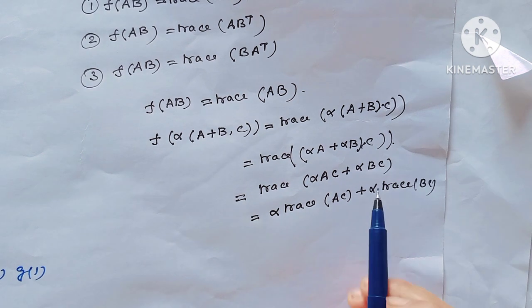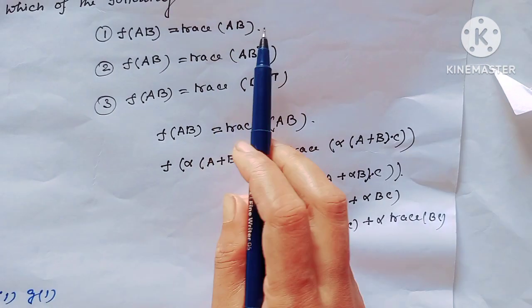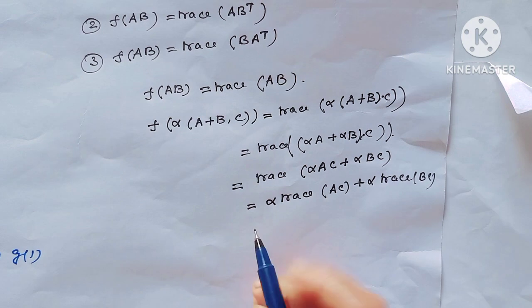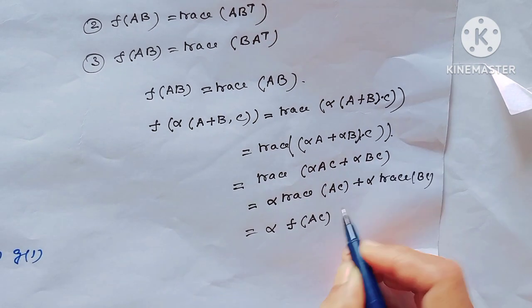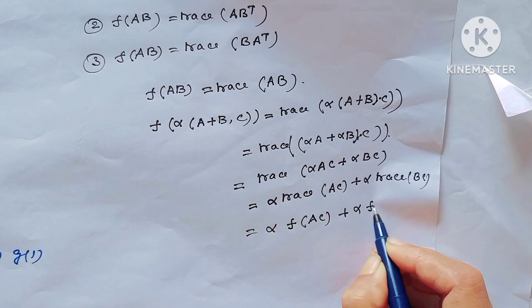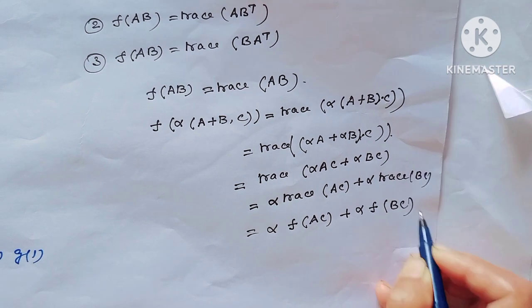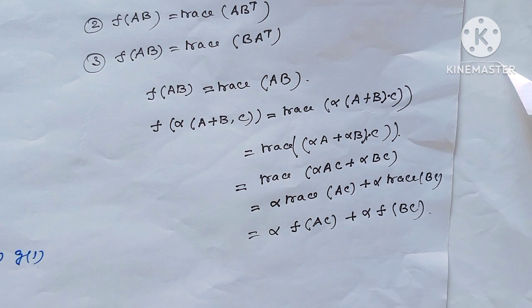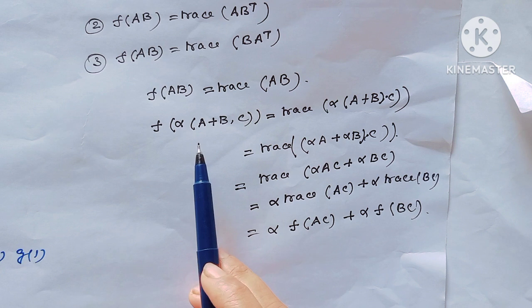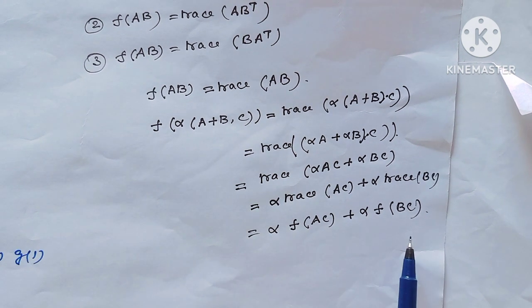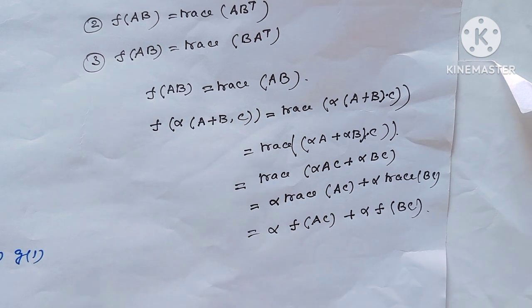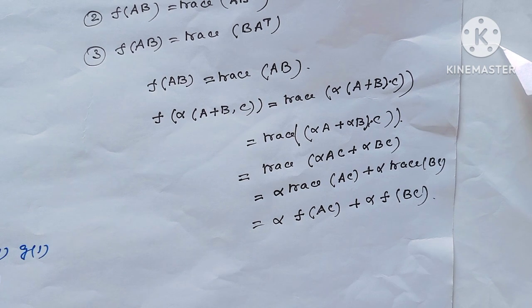And trace of AB equals f of (A, B), so this is equal to alpha times f of (A, C) plus f of (B, C). So notice here the linear property of the first term is satisfied. Similarly, the linear property of the second term would also be satisfied.